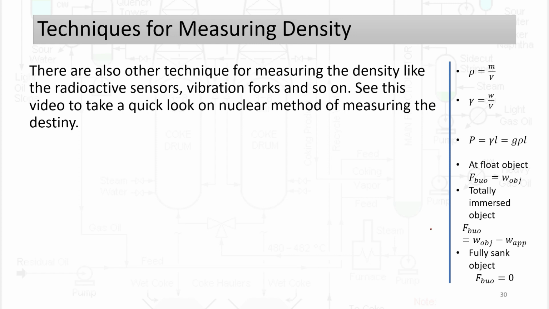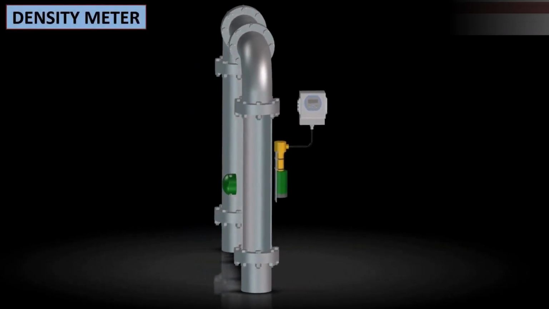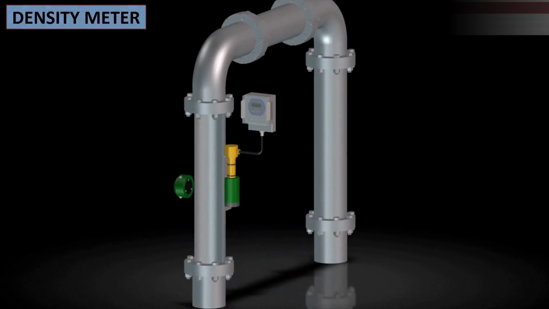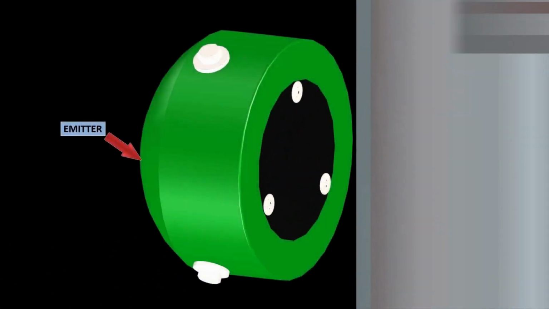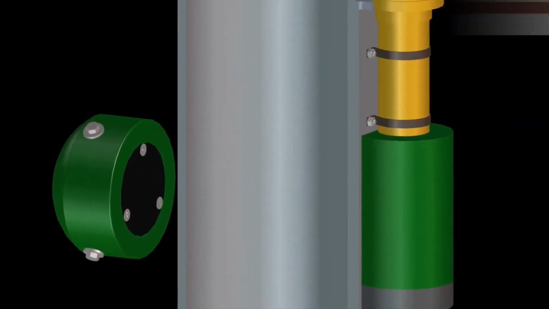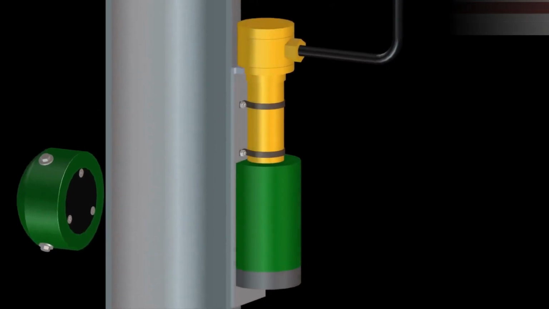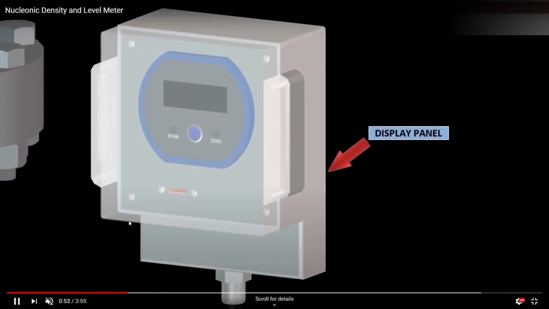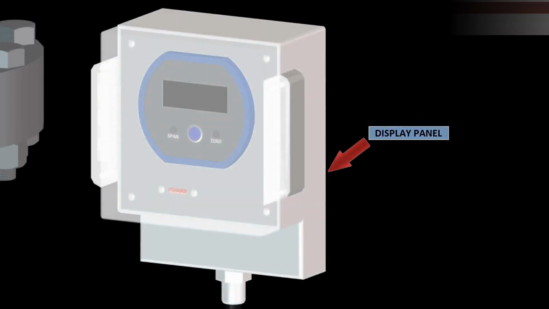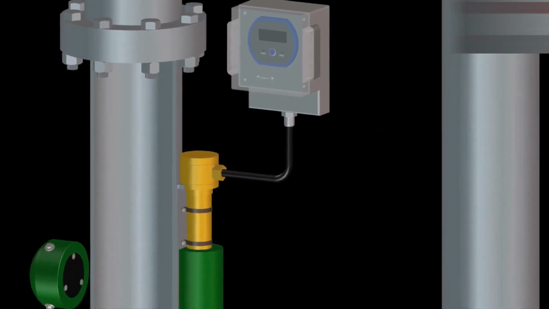Now, other techniques are also used for measuring the density, like radioactive sensors or vibration forks. This is the density meter using nuclear material. Here is the emitter that emits the radiation, and here are detectors that detect the radiation that went through the pipe, and here a display panel that shows me the readings of these radiated waves.